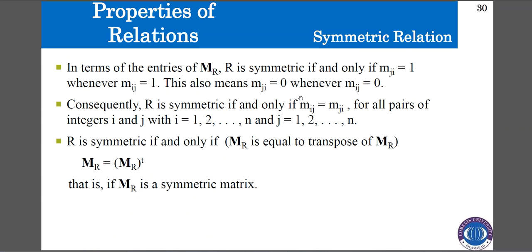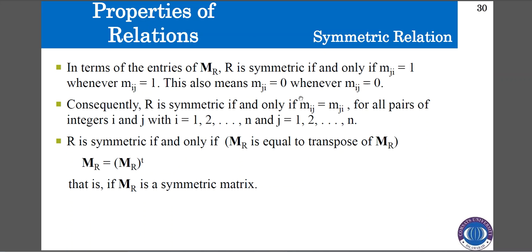The symmetric relation has another property from which we can identify it using matrix notation. R is symmetric if and only if m_ji is equal to 1 whenever m_ij is equal to 1. This also means that m_ji is equal to 0 whenever m_ij is equal to 0.